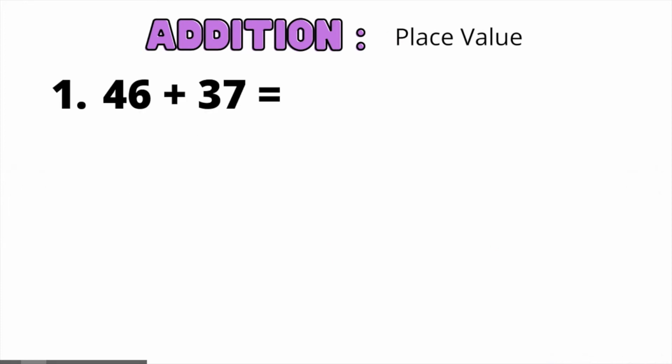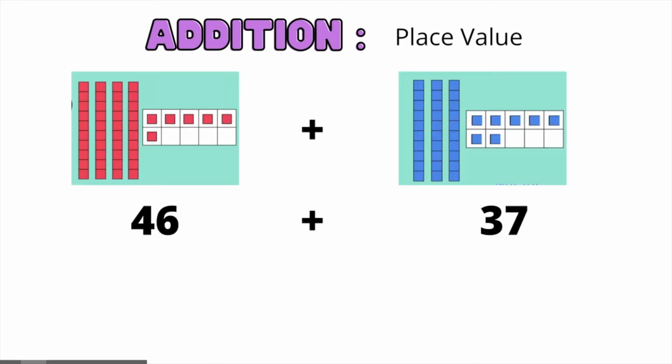Next, we will see how to use addition with place value. And this is with visuals and tools you can use on hand. So 46, if you have tens, you would use 4 because that's 10, 20, 30, 40.